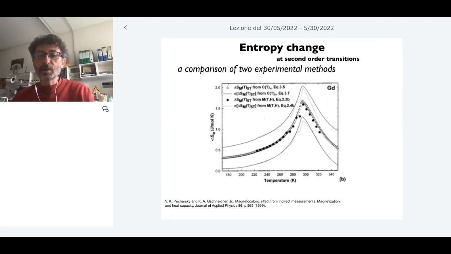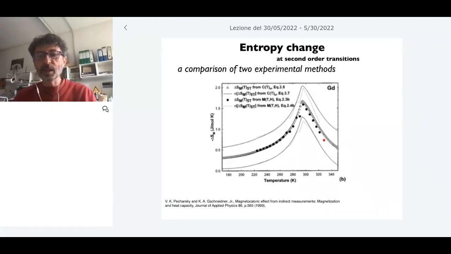Then, if you like to compare, that is the result. For the gadolinium, a material that behaves in equilibrium, the open symbols are the ones computed with direct thermal measurement. The full black points are the ones deduced from the magnetic measurement, and they agree very well.